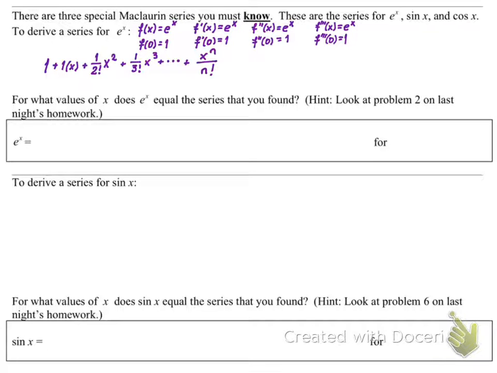You need to memorize that because that is a redefining of e to the x using series. And there we have the Maclaurin series for e to the x.